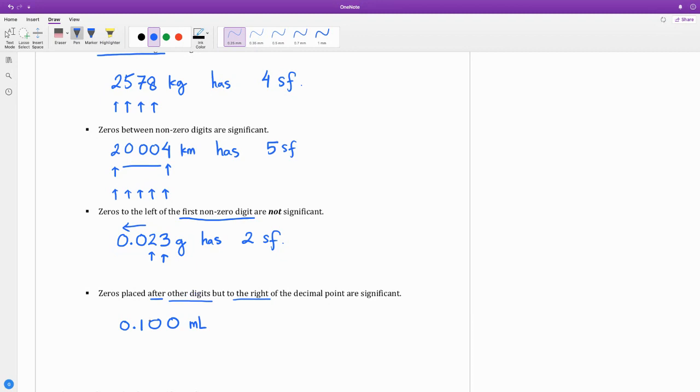After other digits, in this case 1, but to the right, not to the left. To the left they're not significant, so the first 0 here is not significant. Zeros to the right of the decimal point are significant. So we have 3: 1, 2, 3. So 0.100 milliliter has 3 significant figures.